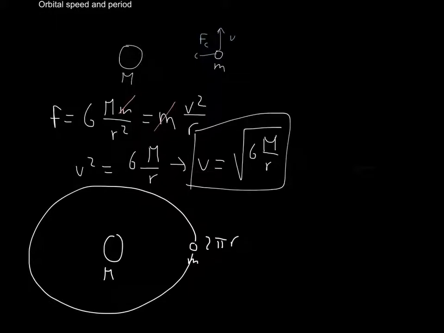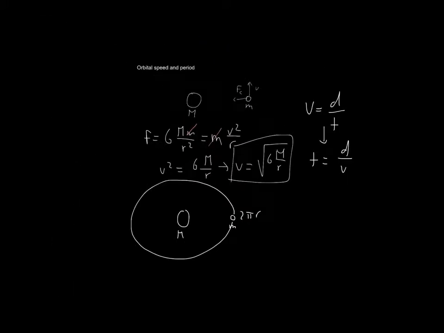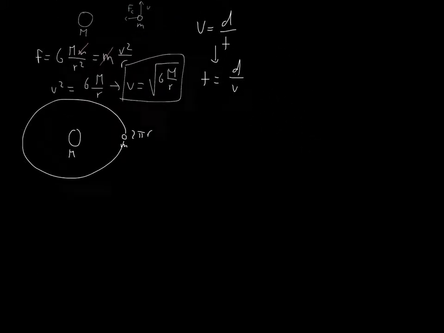All I need to realize is that v equals distance over time, so time equals distance over speed, right? So I just need to take this speed, take this distance, and insert them here. Alright, so let's do that. Let me zoom out a little bit so that this becomes easier to read and to write on.